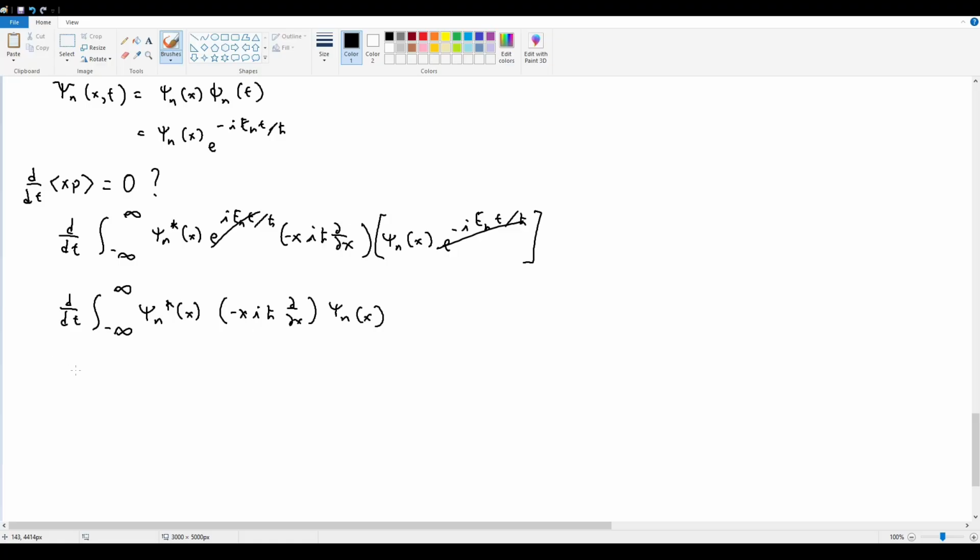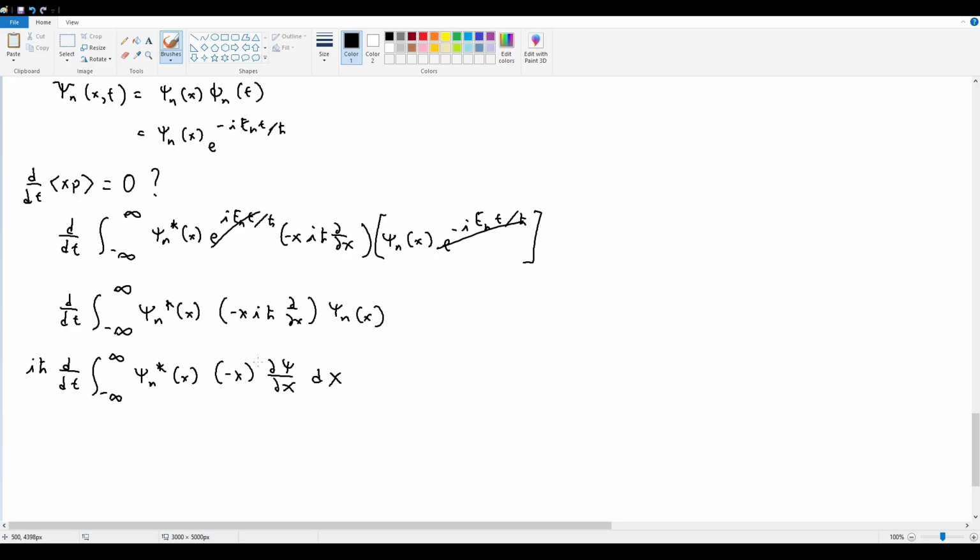So this is going to give us the integral from negative infinity to positive infinity of psi n star of x times negative x, and we're going to move i h bar out, times d psi/dx, like this, and we close this off with a dx.